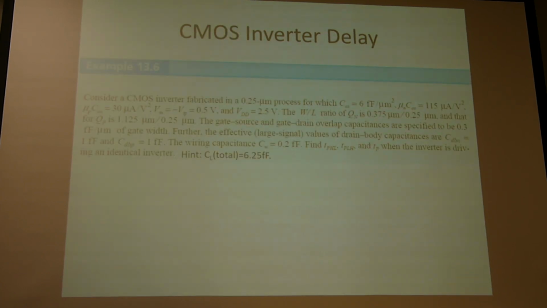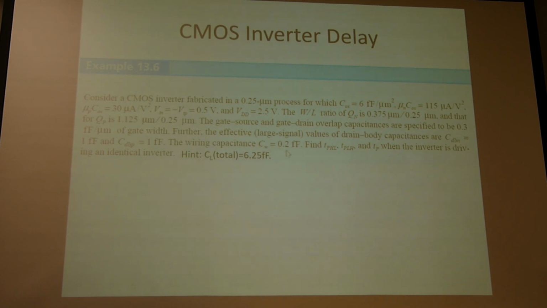All right, so let's look at one example. In this example, we are given those parameters like the mu n, mu p for this CMOS inverter, and the threshold for the CMOS inverter, and power supply VDD, and W over L n and W over L p are given.